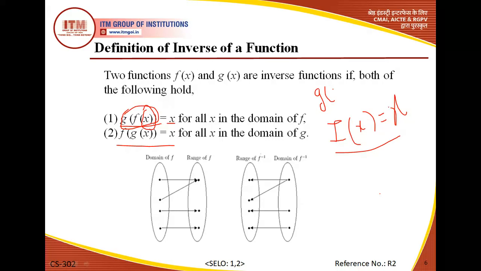For an invertible function we have only one function, and we check if that is invertible or not. For the inverse of a function, we have two functions into consideration. We have one function, and we then find the inverse of it, such that their composition takes the element to itself only. So that is the inverse of a function. I hope both invertible and inverse function are pretty much clear by this.